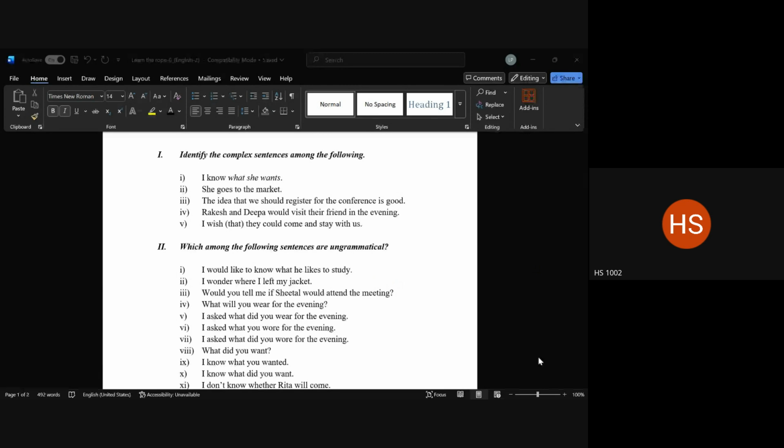Anything that begins with a WH word becomes your question clause. If and whether clauses will have the if or whether subordinating conjunction, and that clause will definitely have the that subordinating conjunction. That's the only distinction. You need to identify them every time you find them in the sentences here.